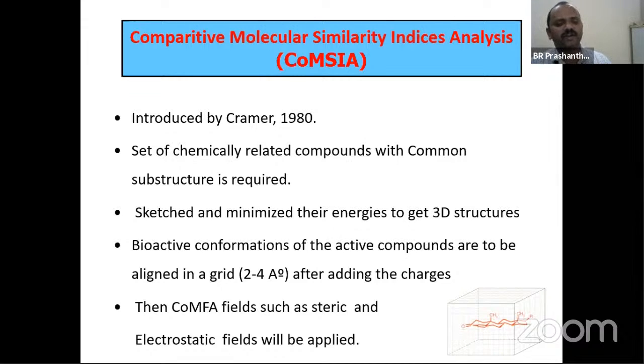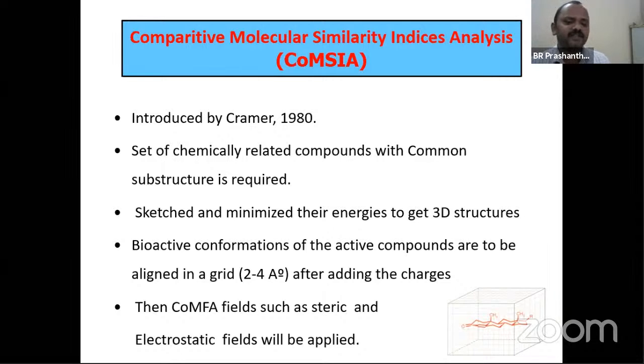What is meant by the training set? The training set consists of more molecules. The test set consists of fewer molecules. Why do we take fewer molecules in the test set?